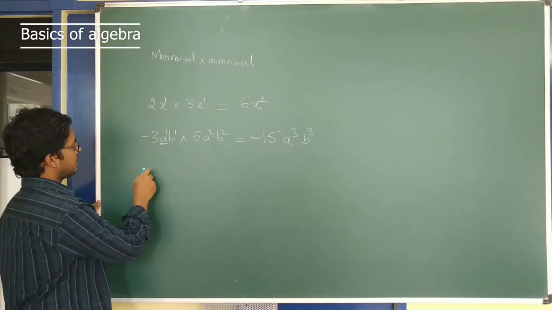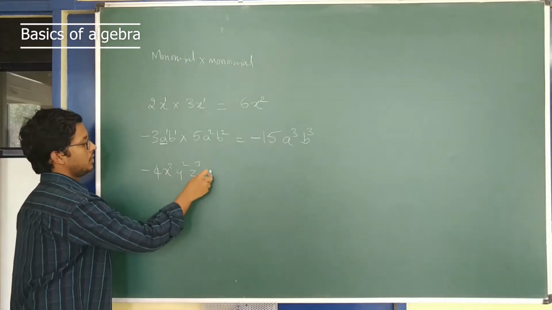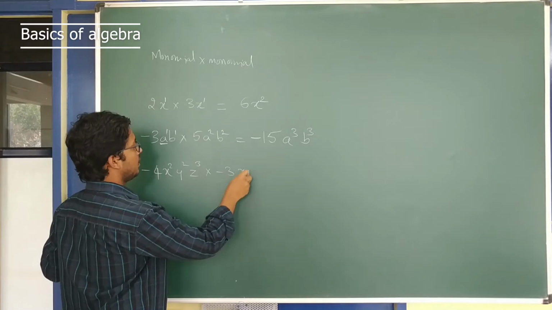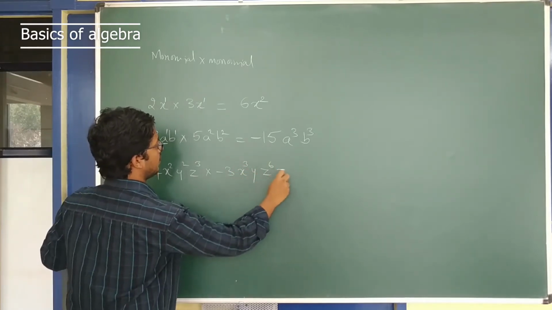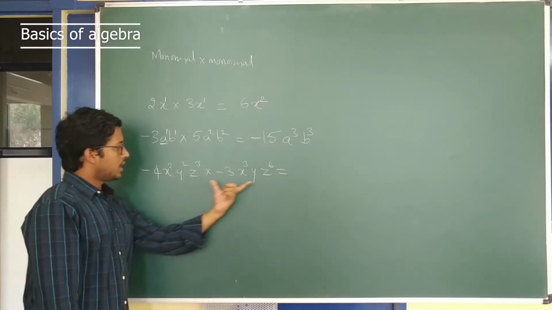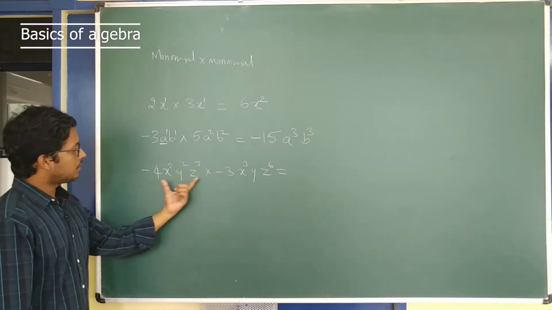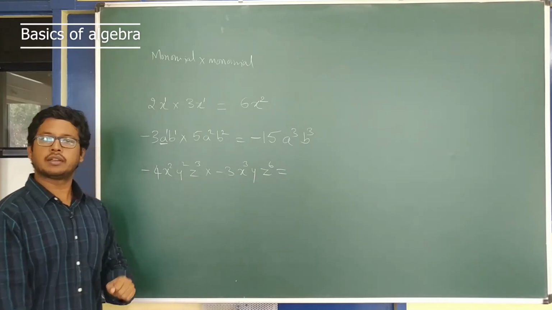Let us take another example. Let us take minus 4 x square y square z cube into minus 3 x cube y z raised to 6. How much would this be? Again, this is a monomial, this is also a monomial, they are all separated by multiplication. So both are monomial, we are still multiplying monomial by a monomial.